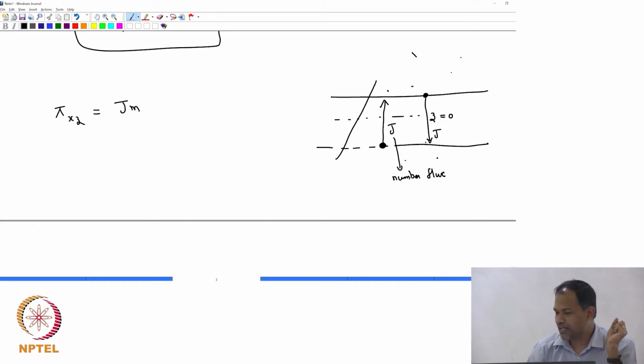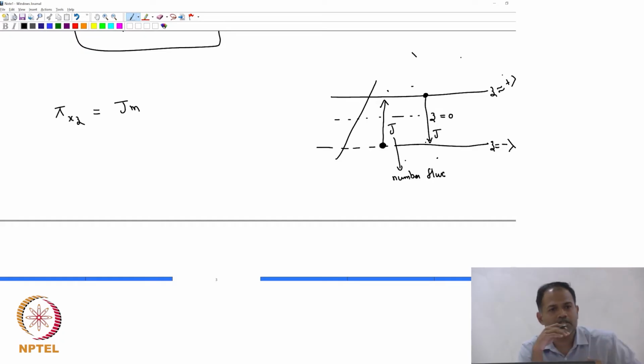So, we can imagine that the molecules which are going to cross z equal to 0 would have undergone a collision somewhere at a distance of the order of lambda from z equal to 0. In other words, we can define it as approximately minus lambda, and the other one approximately plus lambda. That is the typical distance these molecules would have moved between collisions.